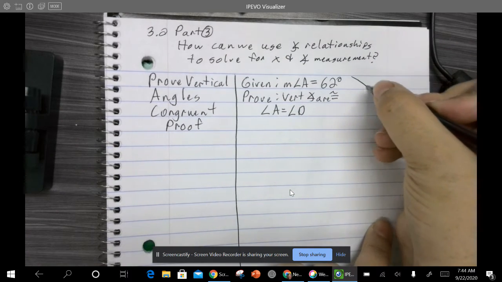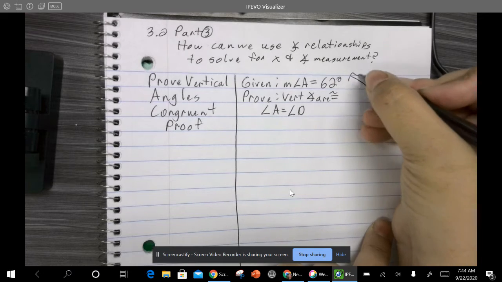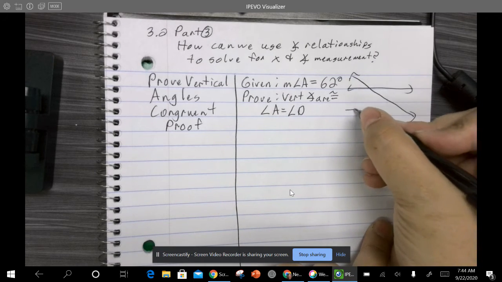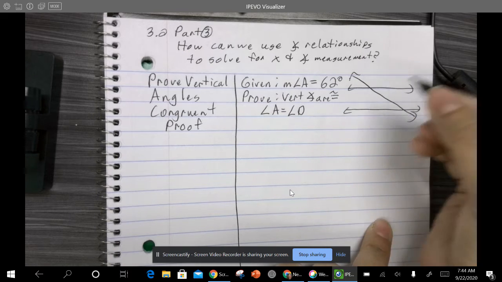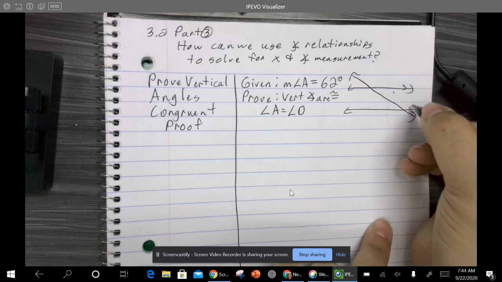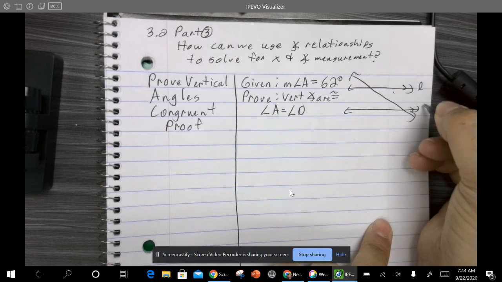So let's do our diagram. Parallel lines.